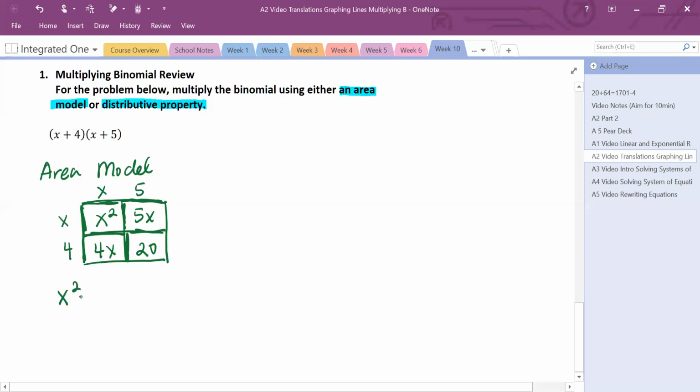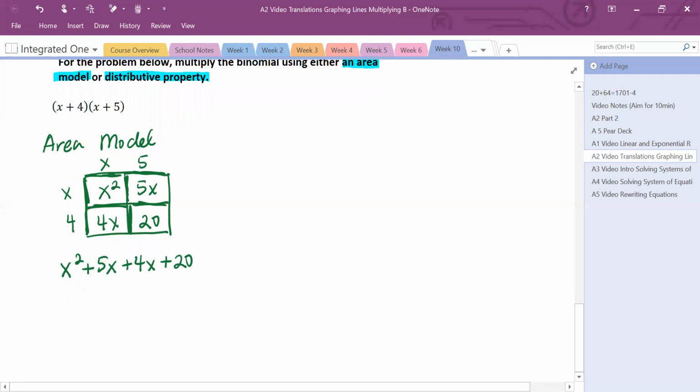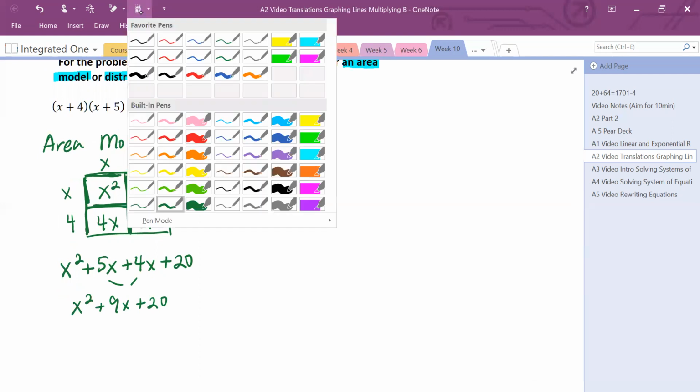So my area, when I multiply out these binomials, I will get x squared plus 5x plus 4x plus 20. Or I can combine like terms and I have x squared plus 9x plus 20. Either one of those is acceptable. Same answer.